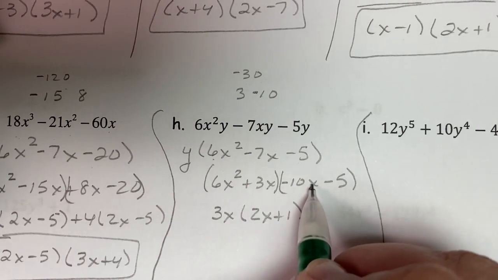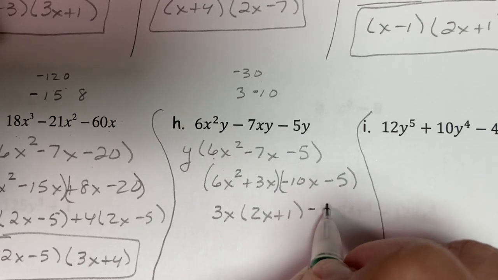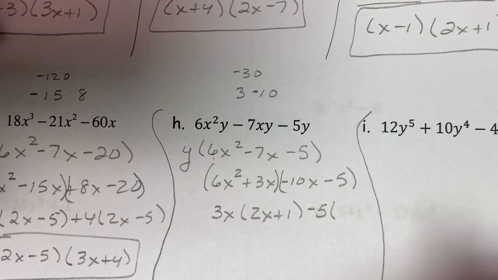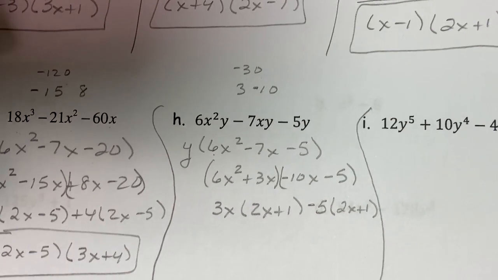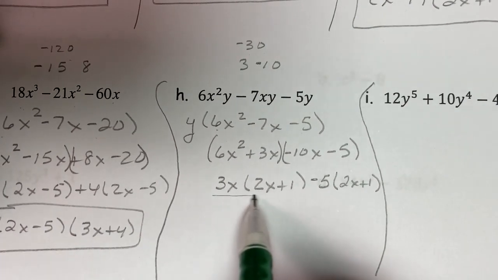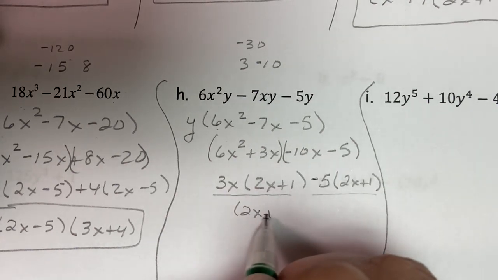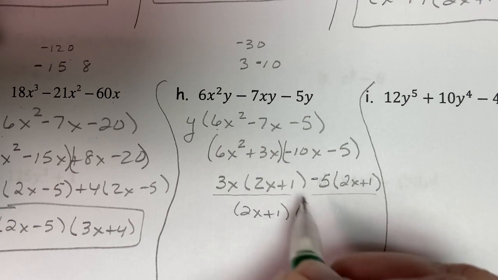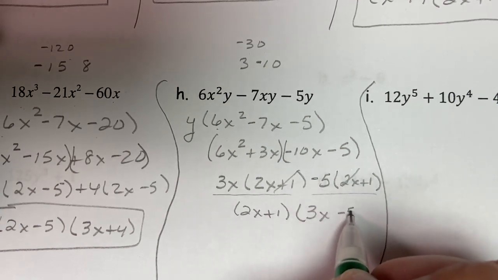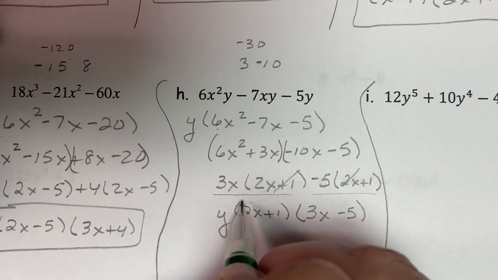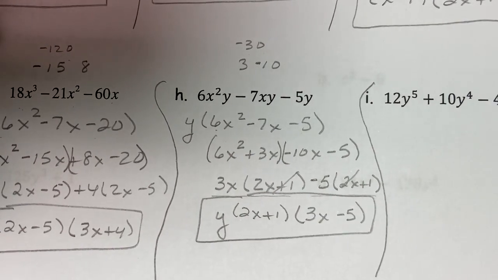What am I going to have to take out of this second group to get the 2x plus 1? I'm going to have to take out a negative 5. And you can see that that does give me 2x plus 1. So again, thinking of this as two big terms, they have the 2x plus 1 in common. With those gone, that leaves me with 3x minus 5. And don't forget about your y from the beginning GCF.